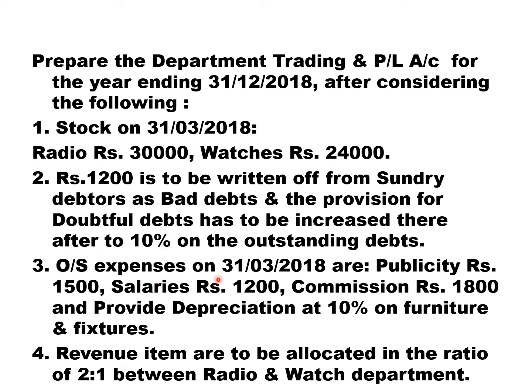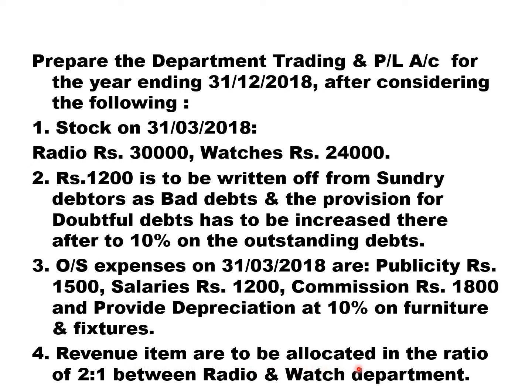Outstanding expenses on 31/3/18, that's called due, unpaid expenses: publicity 1,500, salary 1,200, commission 1,800, and provide depreciation at 10% on furniture and fixtures. So all these expenses have to be taken to PL account. Revenue items are to be allocated.